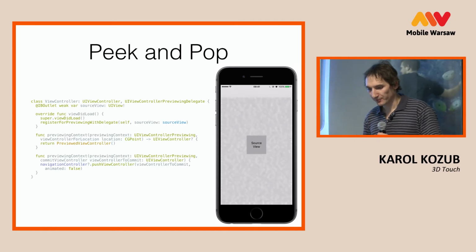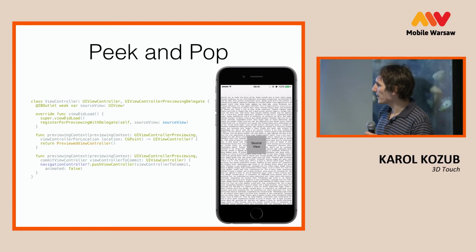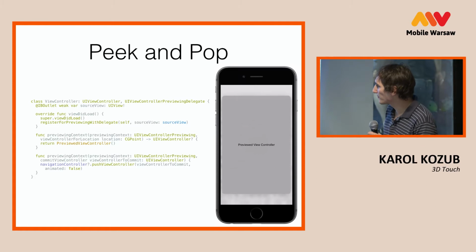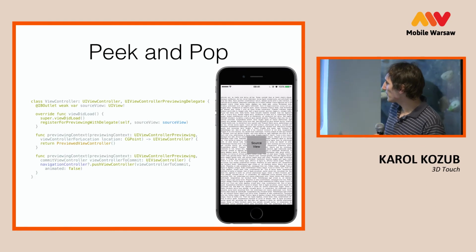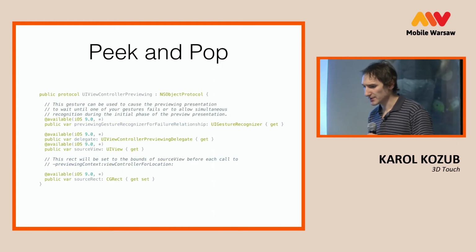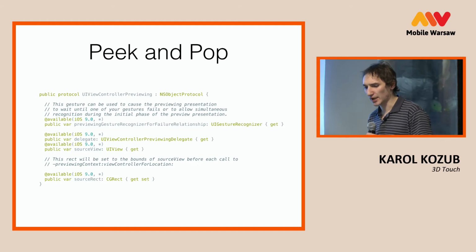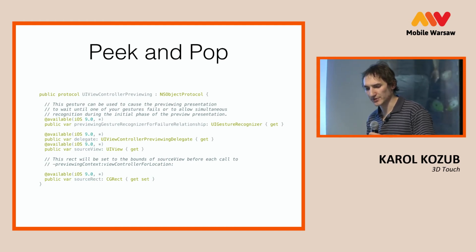So here, as you can see, the two delegate methods, previewing context view controller for location and previewing context commit view controller, both have a previewing context argument. This argument adopts the UIViewControllerPreviewing protocol, which has a few interesting properties.